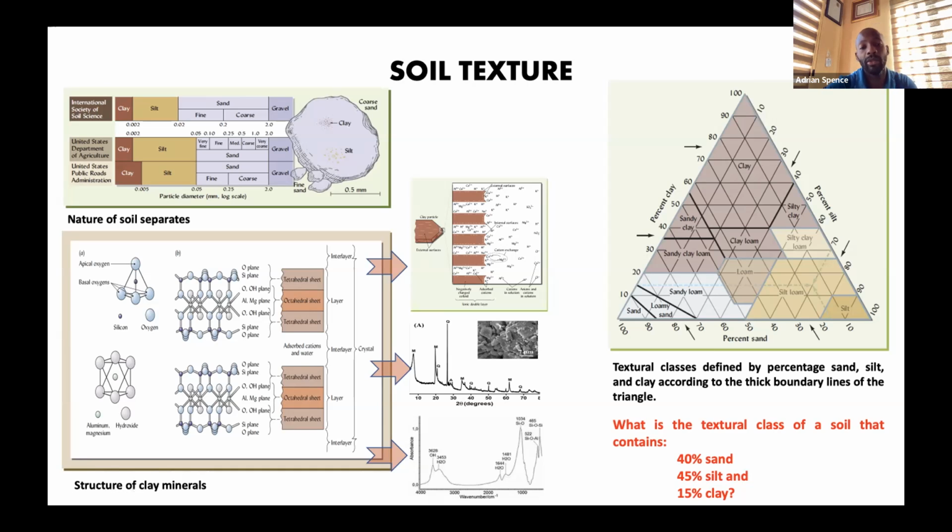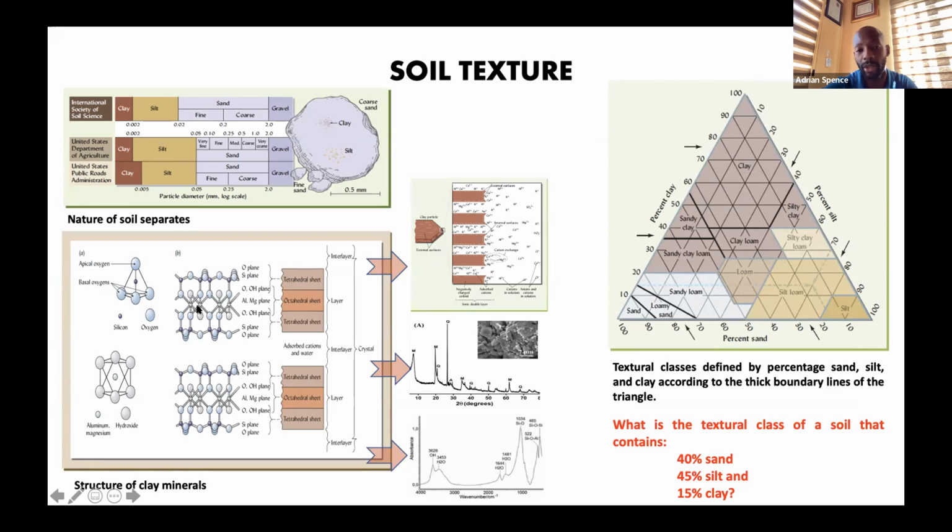This is because clays impart perhaps the greatest amount of physical and chemical properties to the soil, by virtue of their physical and chemical makeup. Right, so clays are actually layered materials.